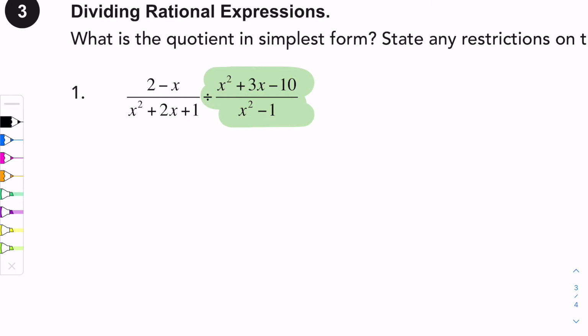So we are going to rewrite this as 2 minus x divided by x squared plus 2x plus 1, multiply. We're going to flip the second fraction.